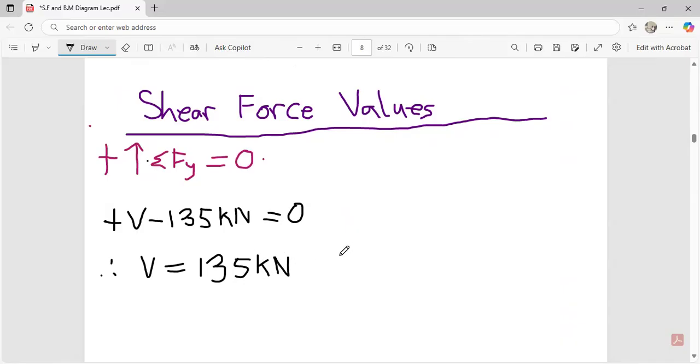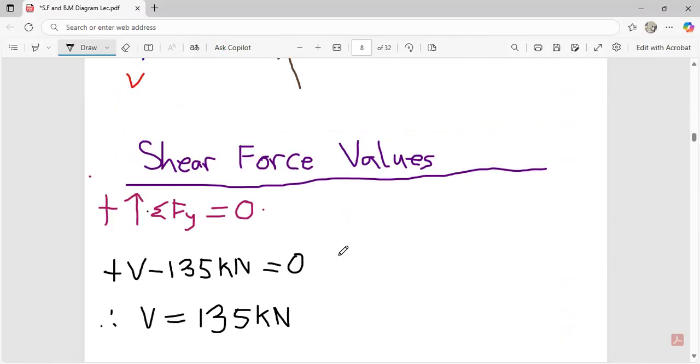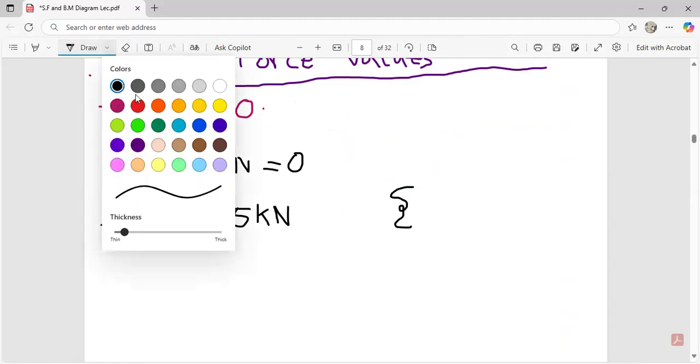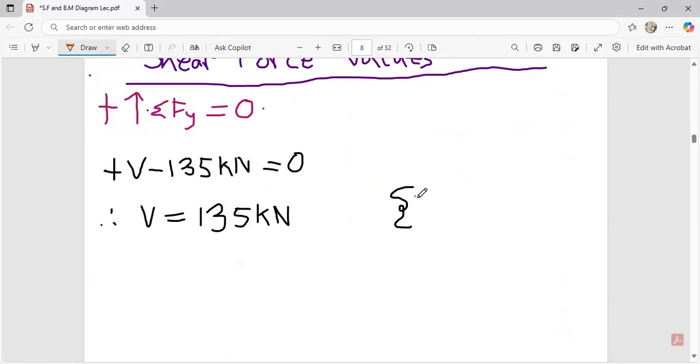And this is simply going to become a constant variation, as a result of the absence of a variable. So I write over here, this is our constant variation, because it has no variable.